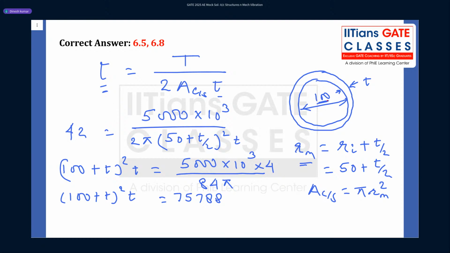This is one way. The t square term will not be small, but the t cube term will be small.